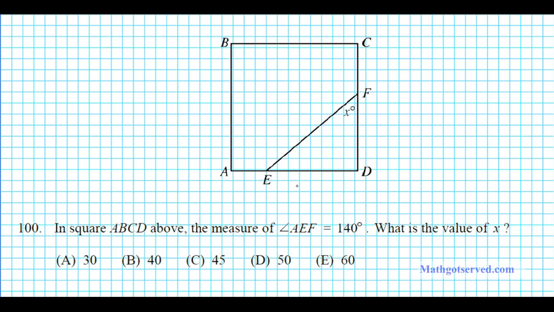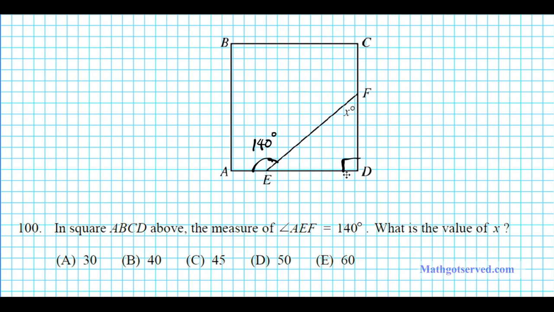So in this situation, you want to make sure you label your known angle correctly. Angle AEF, so the angular value is going to be on angle E. This is 140 degrees right here. And we're asked to find the value of this angle. Now, since this is a square, what are the angles of a square? They are all 90 degrees, right?